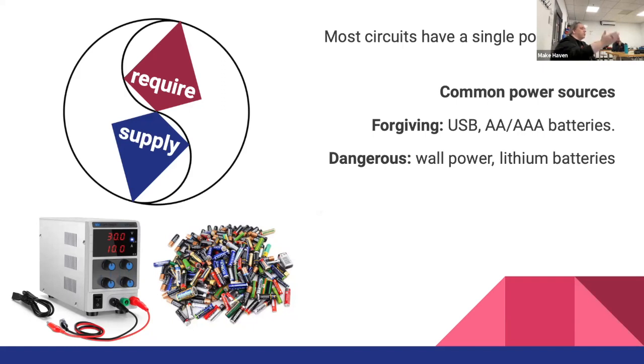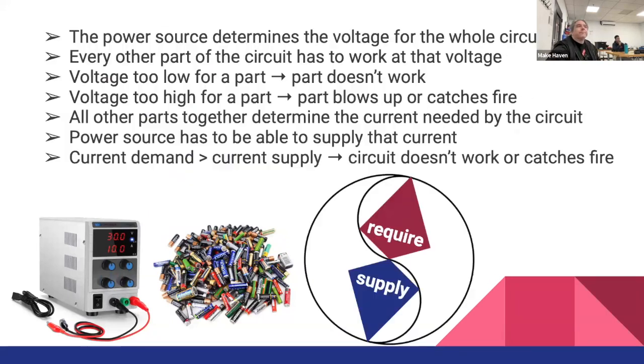So if you short that, it's going to heat up very, very quickly. Not necessarily the power supply, because it has protections built in, but the part that you're working on.